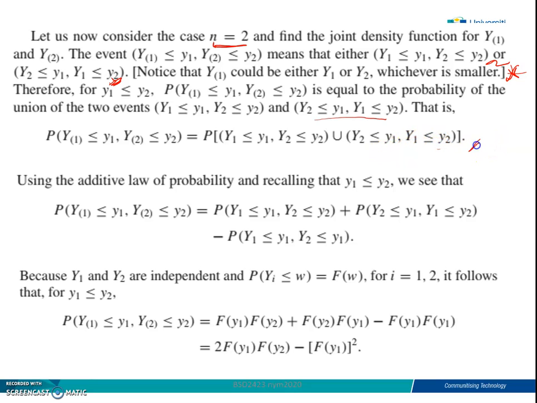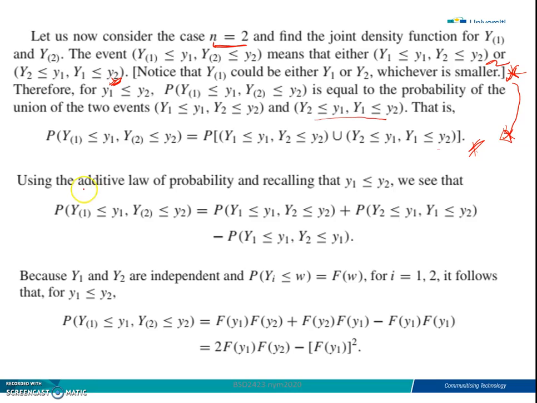Because of this, you must be clear and differentiate y1 ordered from y1. It's a different thing. y1, y2 is a value, but y1 ordered is whichever of these two is the minimum value.